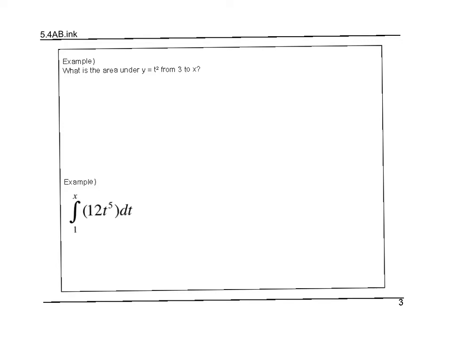So a question would be phrased: what is the area under the curve, or under y equals t squared, from 3 to x? In this section, you'll commonly see t as the input of your function, and then x is the input of the limit of integration. So our problem begins as the integral from 3 to x of t squared dt. We anti-derive, and we would have t cubed divided by 3 from 3 until x.